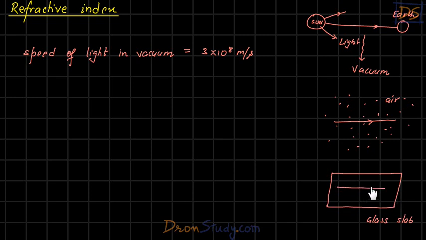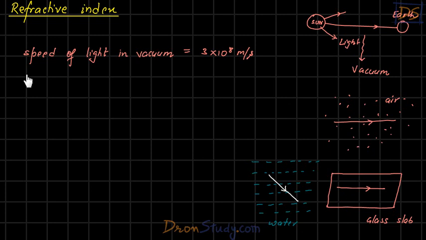When light travels through this, its speed is further different. Now think about oceans or rivers. There is a lot of water in oceans. As we have already seen, students, light can travel through water. When light travels through water, its speed will be different. So the point is, when light travels through water, glass, air, or vacuum, in all these cases the speed of light is different.